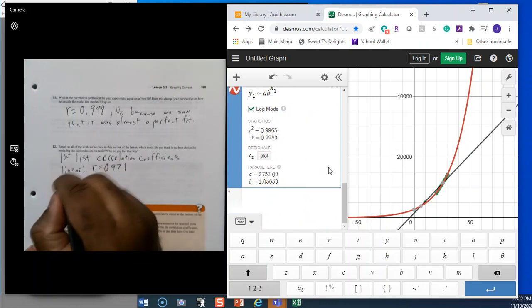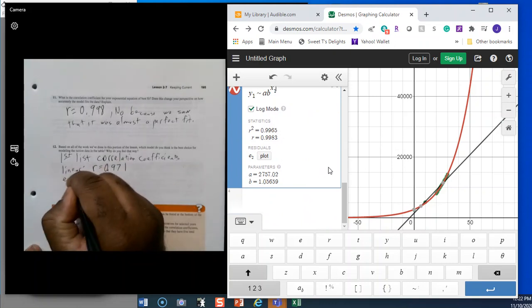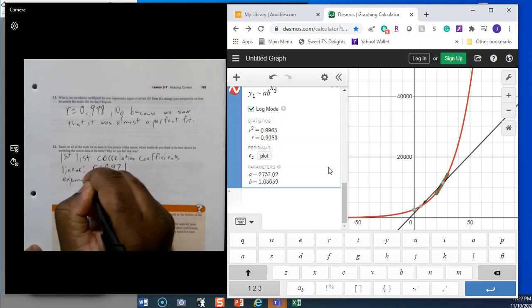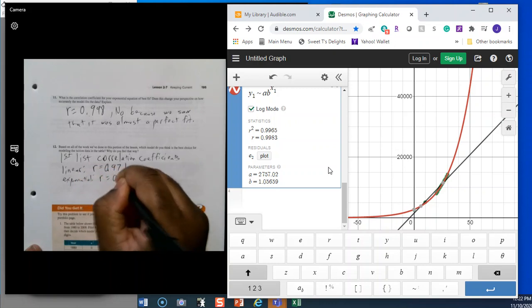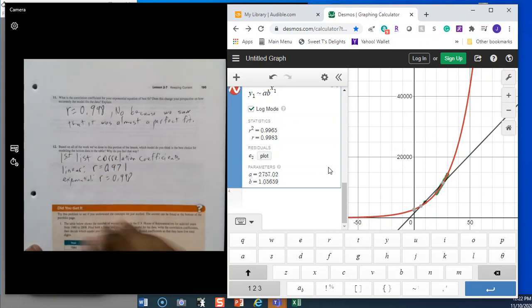And then the exponential is R is equal to 0.998.